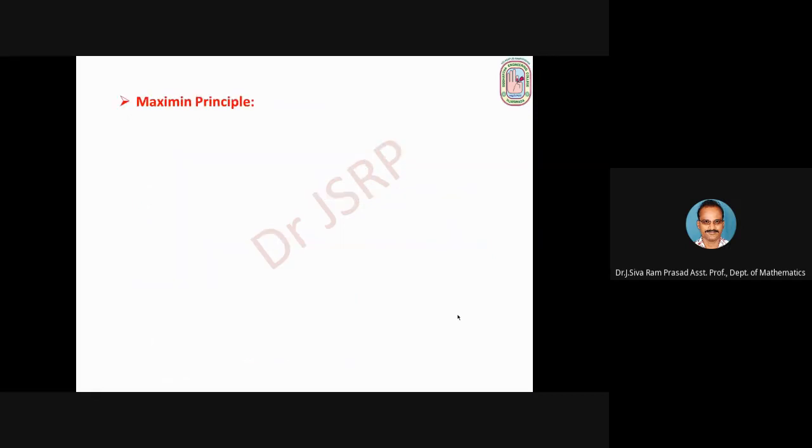Next, we have two principles here. The first one is the maximin principle. This principle corresponds to player A. What does it mean? In the maximin principle, player A tries to maximize his minimum gains.